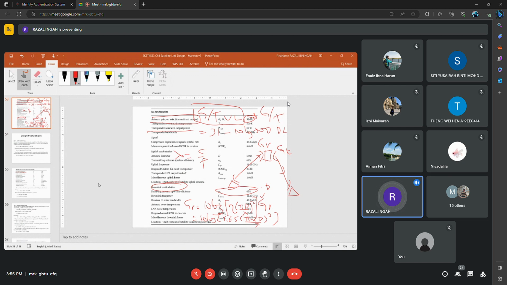So in satellite, we have different CNR for uplink and downlink, because we have a different frequency. In this case, the downlink frequency is 11.45 gigahertz, and the uplink frequency is 14.15.